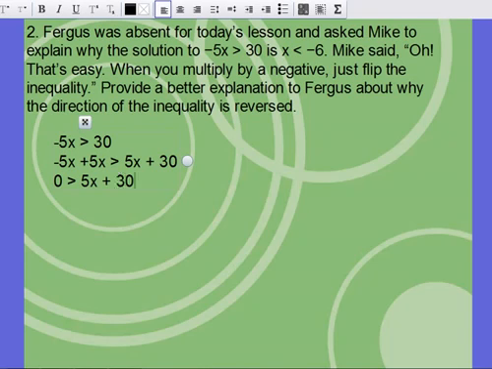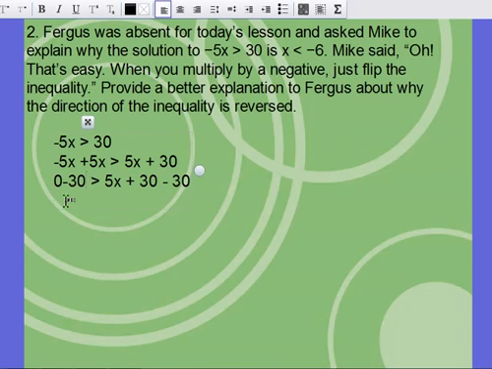So now we're not using the multiplicative property, we're using the addition property. What do I want to do next? I probably want to get that 30 to the other side, away from the x. So in order to get this 30, I'm going to have to subtract it. But if I subtract it from that side, I'm going to have to subtract it from this side.